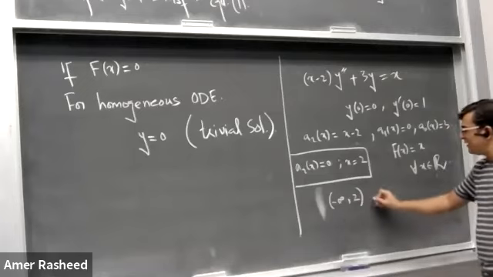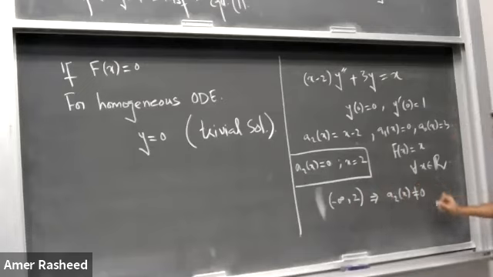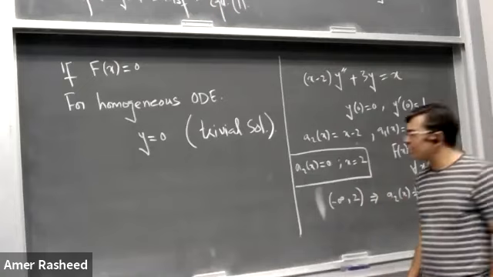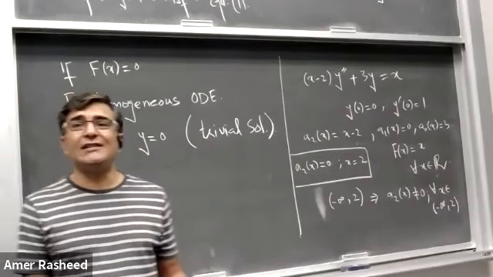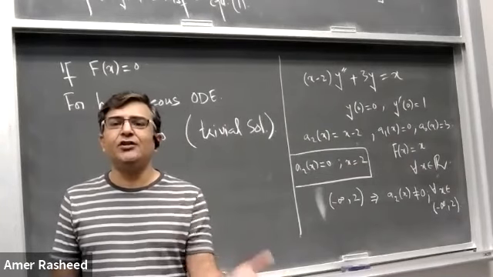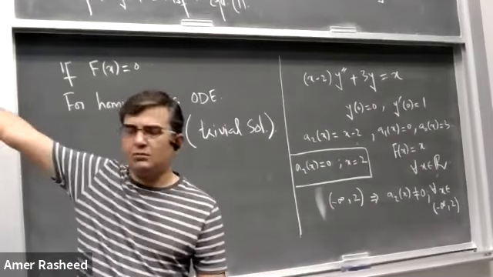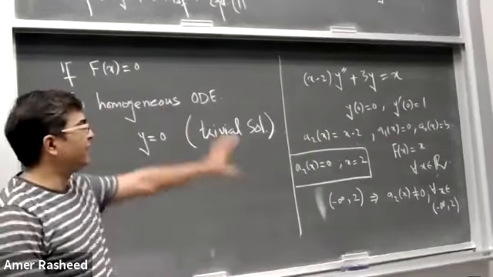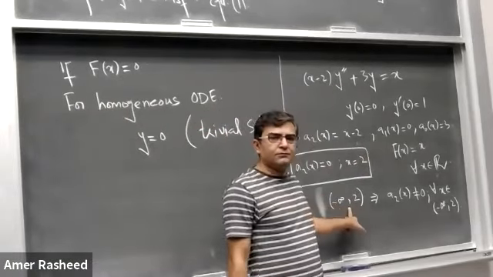On this interval, a2 of x is not equal to 0 for all x belonging to negative infinity to 2. Now we can check whether the given initial value problem has a unique solution on this interval or not. We can verify both properties of the theorem, so this differential equation will have a unique solution on this interval.